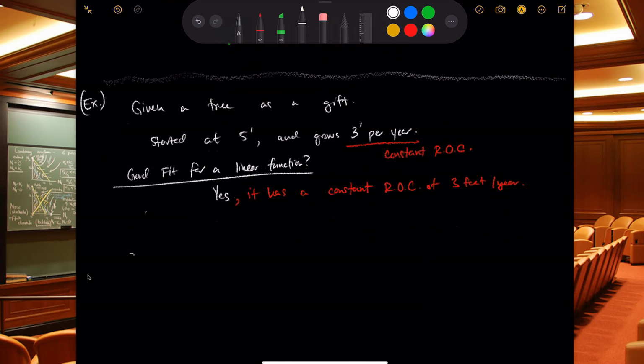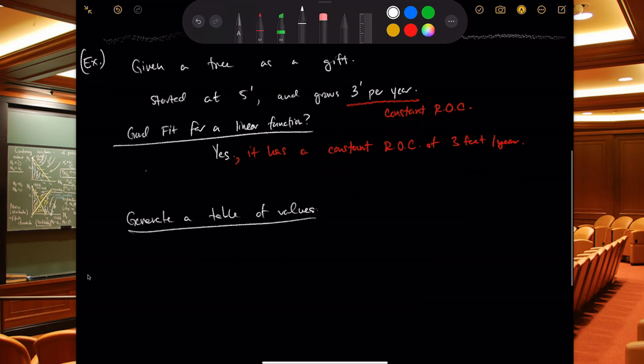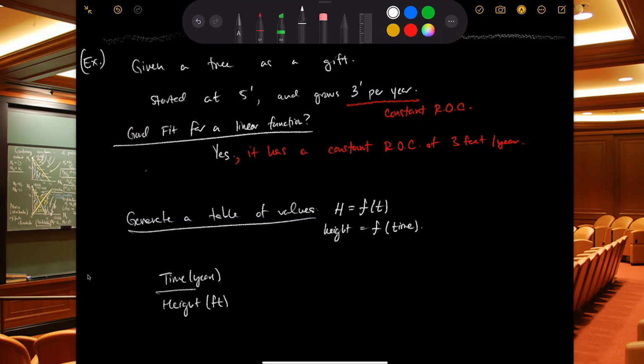So let's generate a table of values. Let's say, t equals 0 is the start. And we are going to say here that height is a function of time, or that height depends on time. So if we say time in years and height in feet, well, we'll start at 0, and we know at time equals 0, we were at 5 feet.